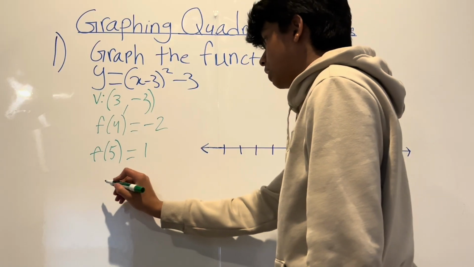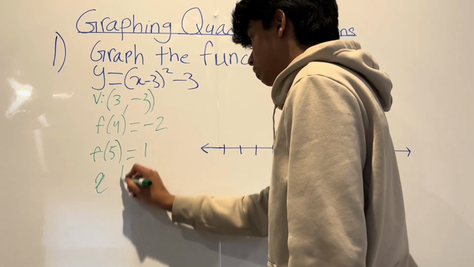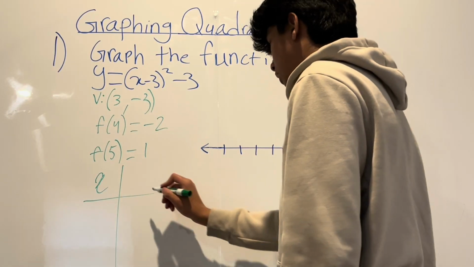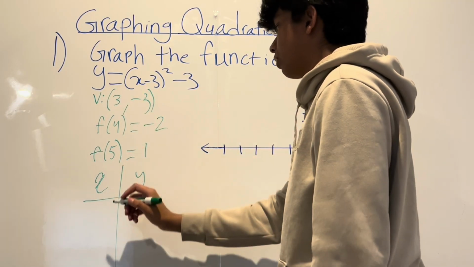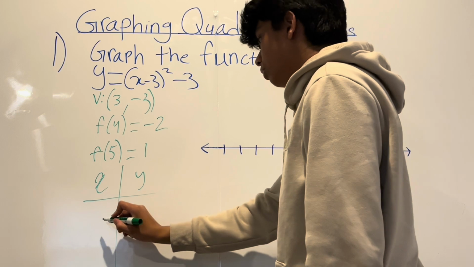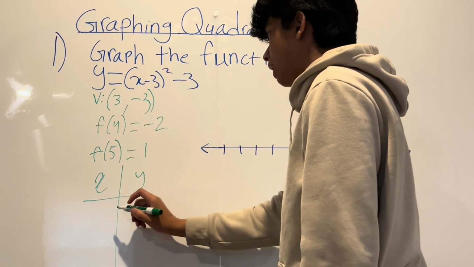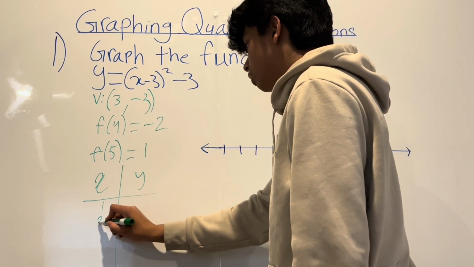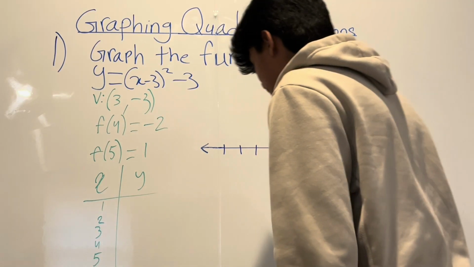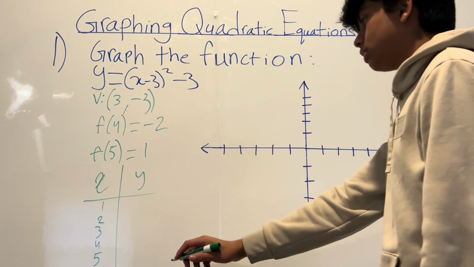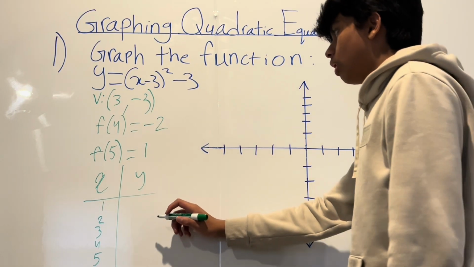So now let's just make a table, and I'll show you what that means. So if we have x and y here, if we take the first point to the left of 3, which is 2, and then another point to the left of that is 1, so we have 1, 2, 3, 4, and 5. Now we have these 5 points, and now we just take our y values.